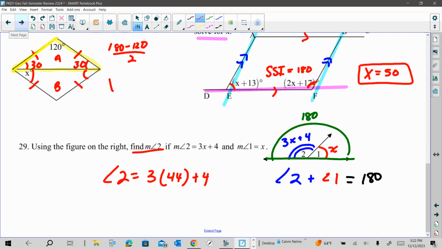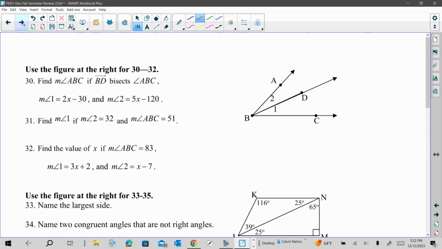All right. Now for the next section, we're still in the same two units, so using angle relationships and some keywords. On 30, we have to understand what bisects means. This ray BD is the bisector. The bisector is the one that is doing the cutting.